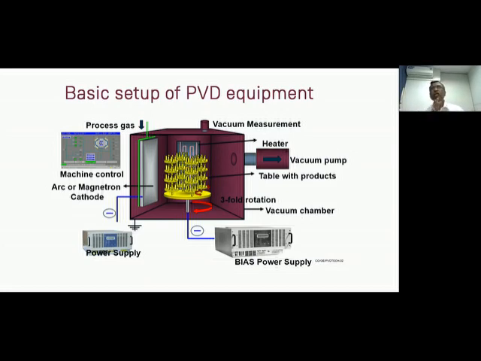One thing is that this process is a line of sight process. It means whatever surface is seen by the cathode or by the plasma, only that surface gets coated. The back surface is not coated as it is not seeing the cathode or target surface.